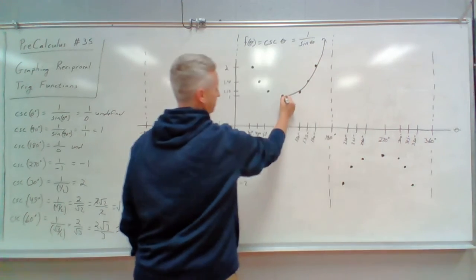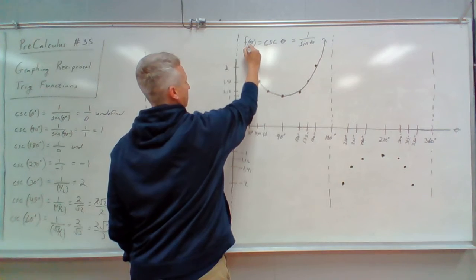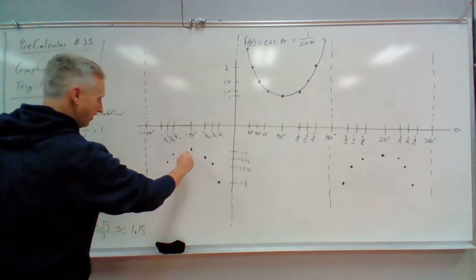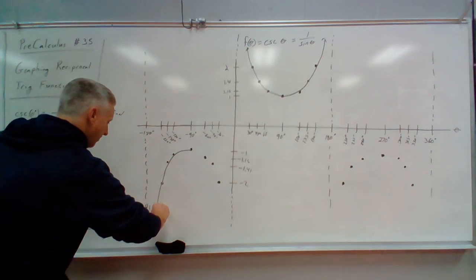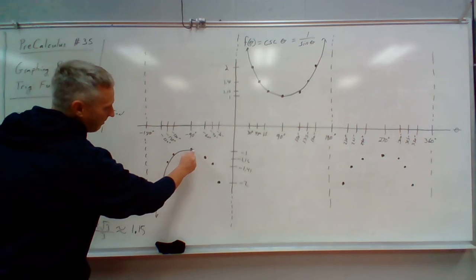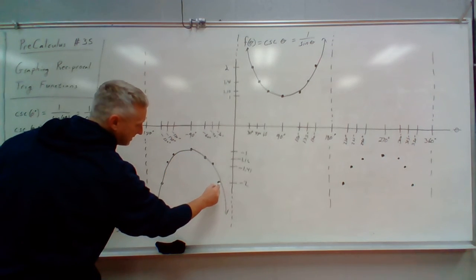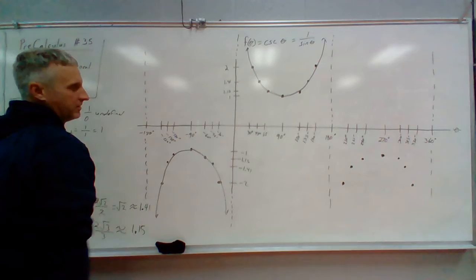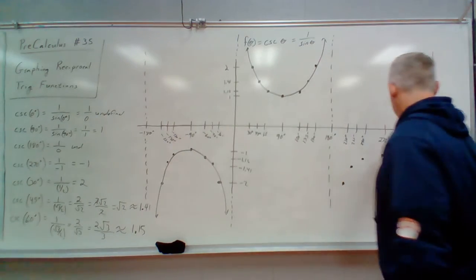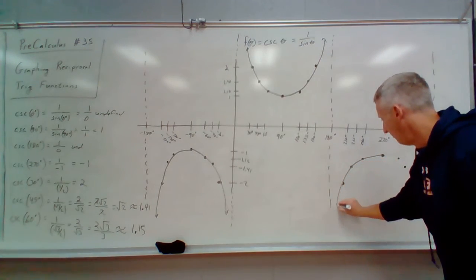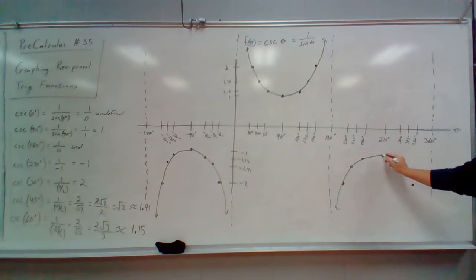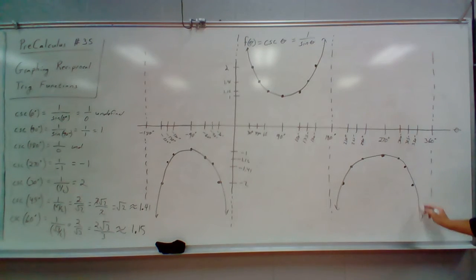Goes right up that asymptote. Goes up that asymptote. Here we go down this asymptote. Down that asymptote. And over here the same thing. All right, so there's just a graph of the cosecant of theta.